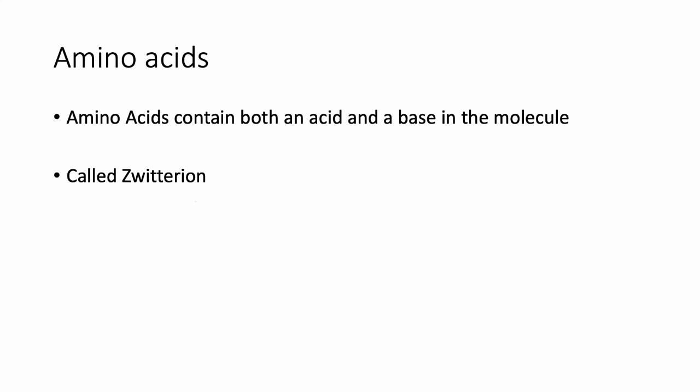But I do want to point out that amino acids contain both an acid and a base in the molecule. So that's called a zwitterion. This is German, meaning it contains both positive and negative. So if you draw an amino acid, this is glycine.